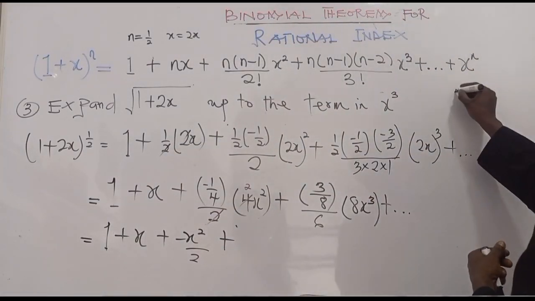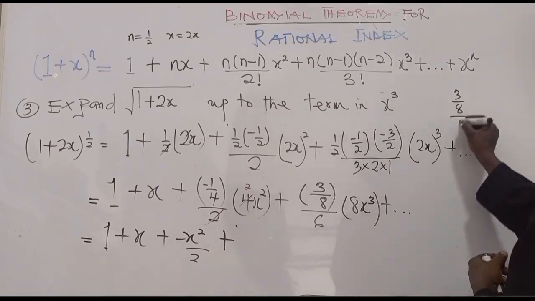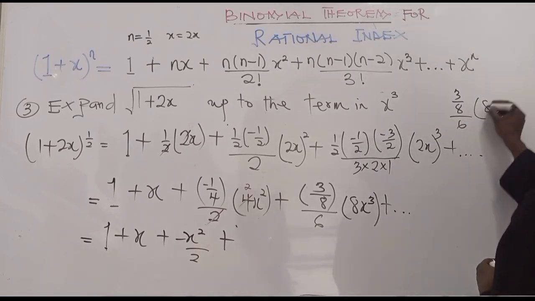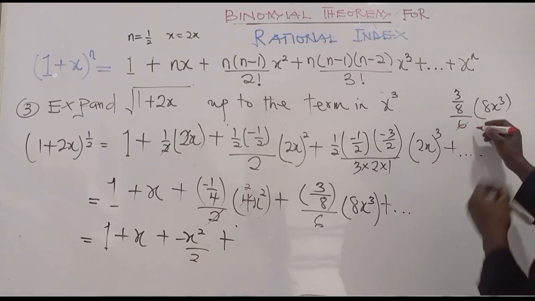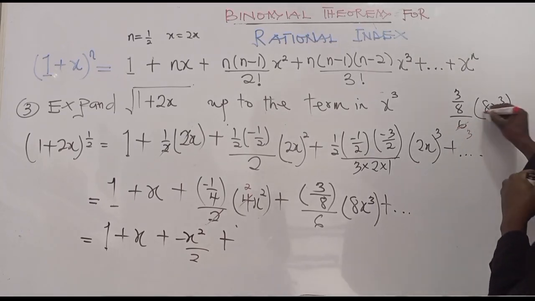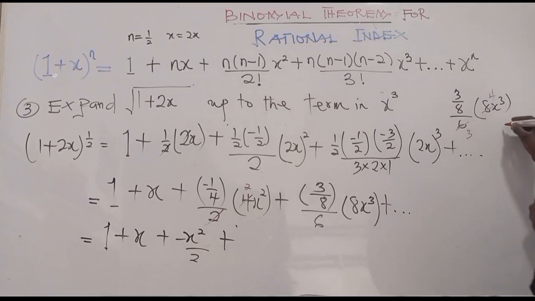So we have 3 over 8 all over 6 and then multiply 8x raised to the power 3. Now from here, 2 can go into 6, we have 3 and then we have 4. So we now have 3 over 8 multiplying 4x raised to the power 3.